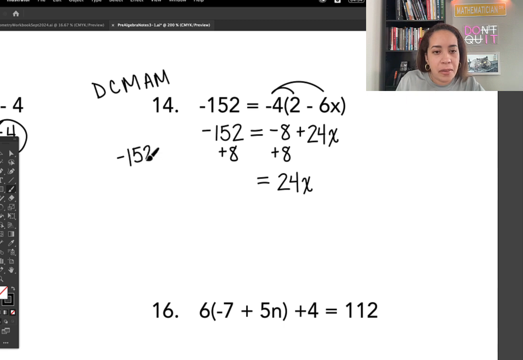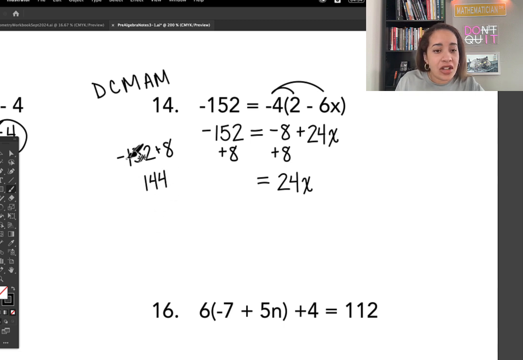And on the left side, I need to figure out -152 plus 8. They have different signs, so we should subtract the numbers. 152 minus 8 gives us 144.